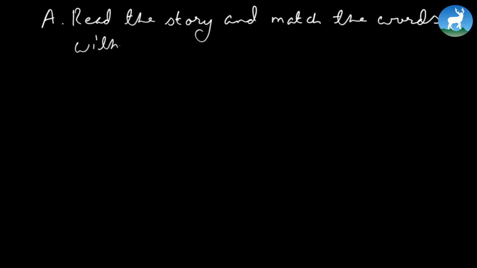Now that we've read the passage, let's do the exercises that follow. Okay, so number A: we have read the story, now match the words with their meanings. Remember, we've just done the vocabulary word, haven't we? So it would be very easy for you to do this exercise.